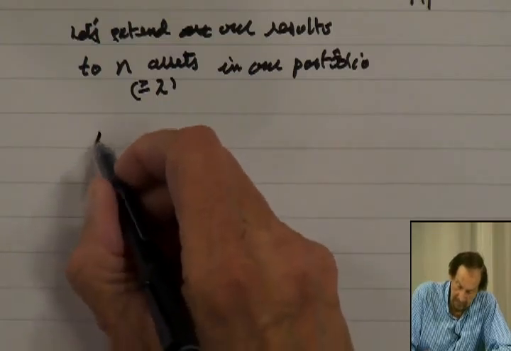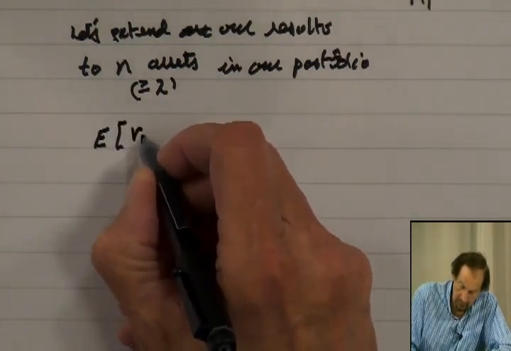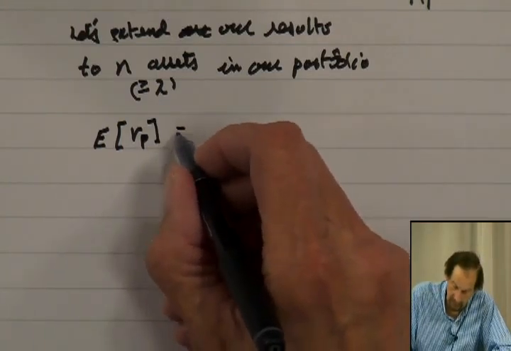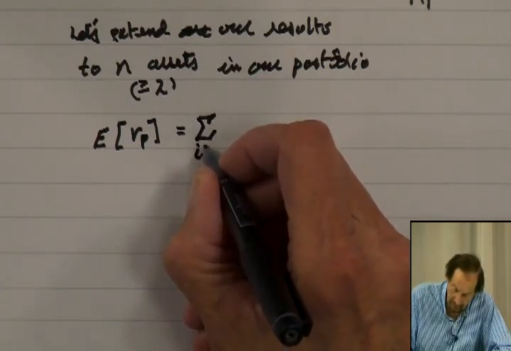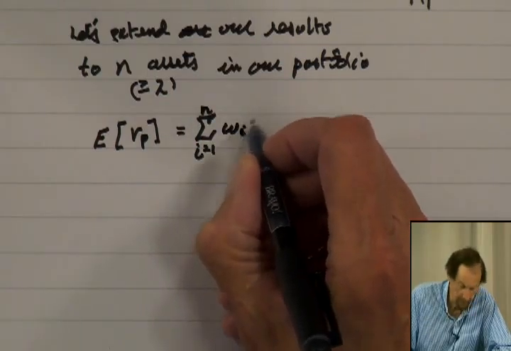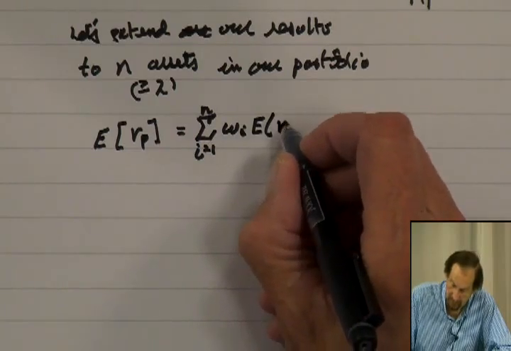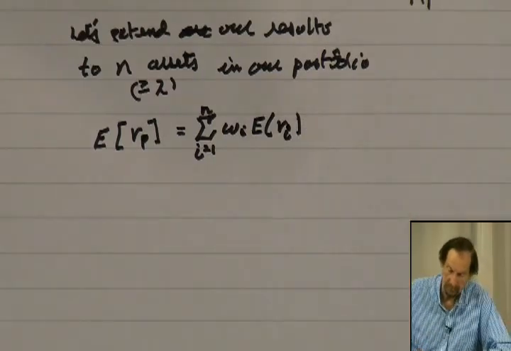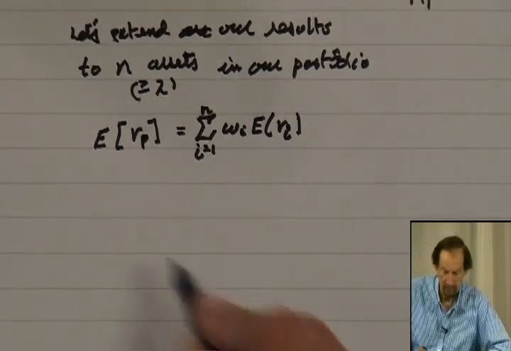We say the expected value of our portfolio rate of return is just equal to the weighted sum, i equals 1 to n, w_i times the expected value of the rate of return of asset i. So this is linear again.